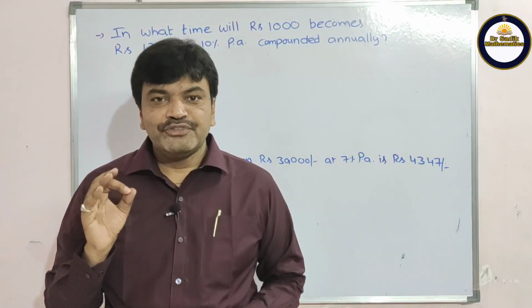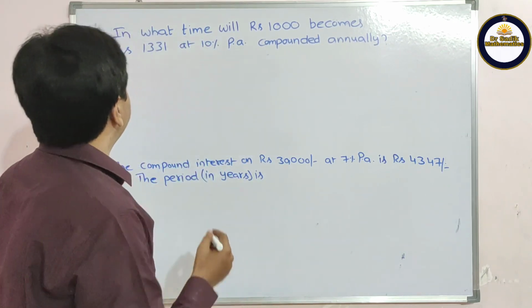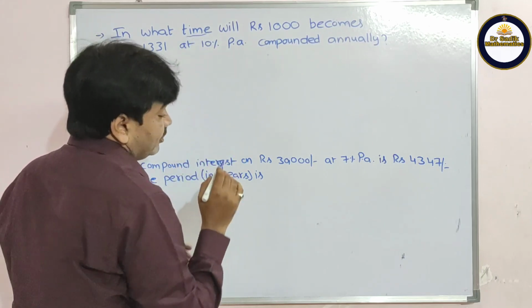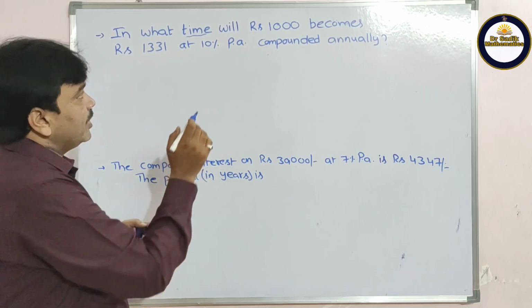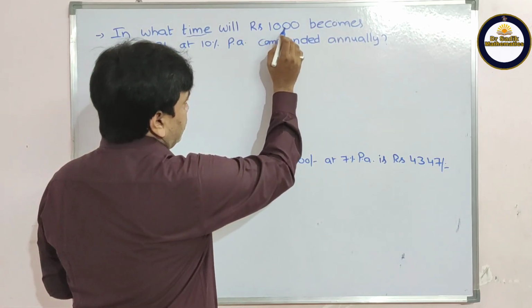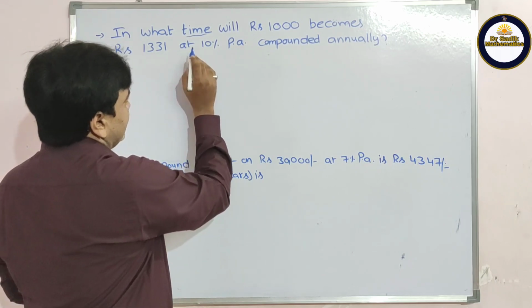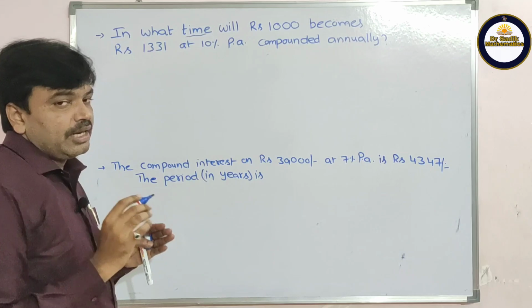Let us see different models in compound interest. In what time, friends? Time, that means we are finding the number of years. In what time will rupees 1000 become rupees 1331 at 10% per annum compounded annually?